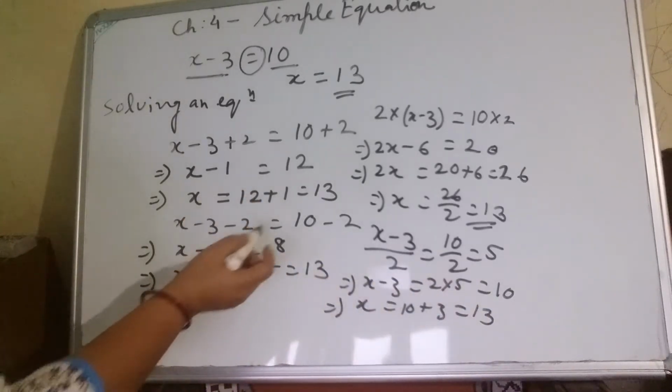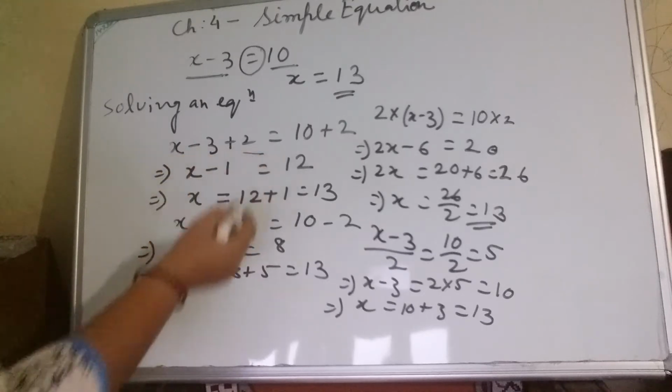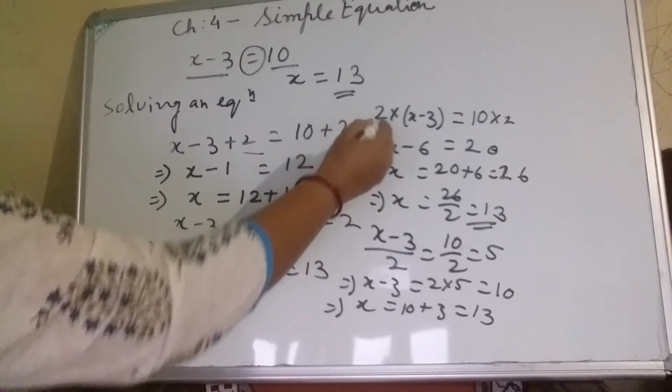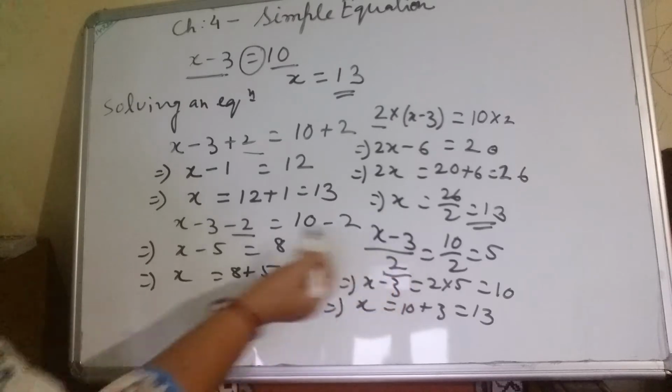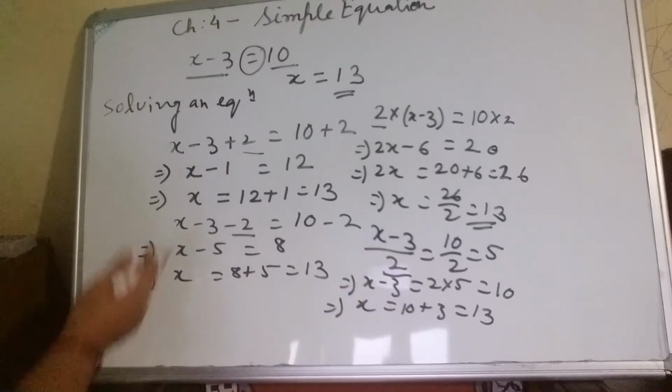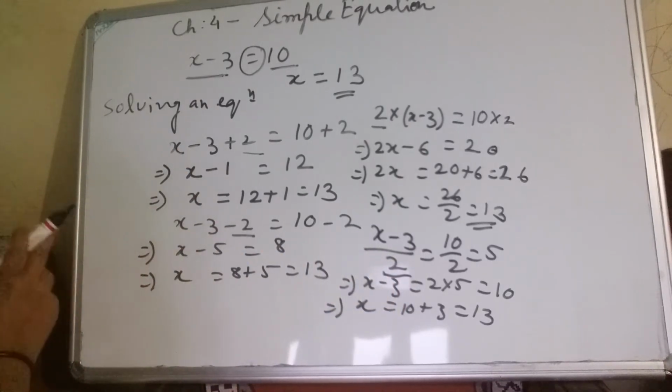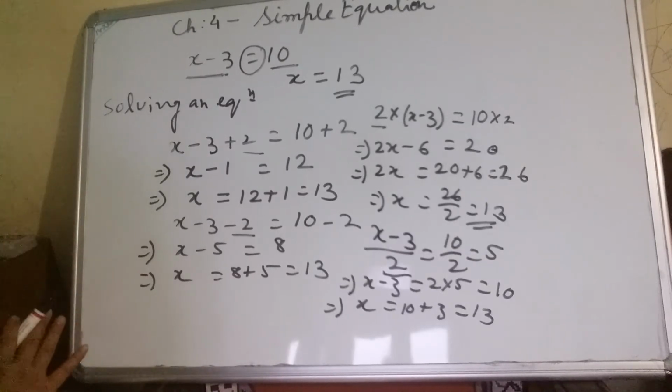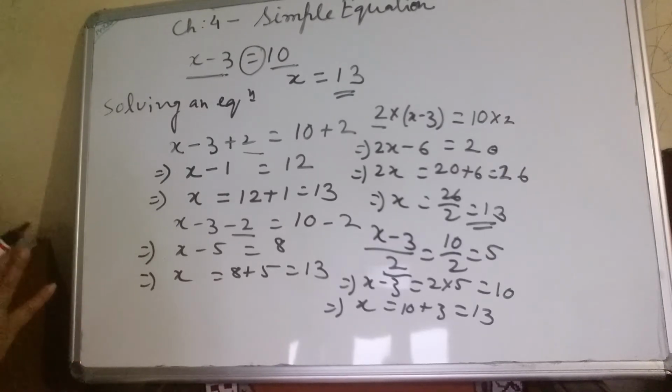So in all the four conditions, whether we add, subtract, multiply, or divide both the sides by the same number, that equation is not going to change. Remember, if we add, subtract, multiply or divide both the sides of equality by the same number, it still holds.